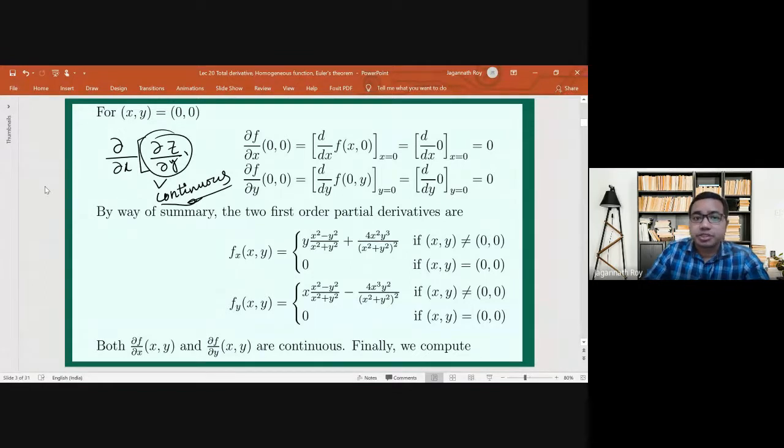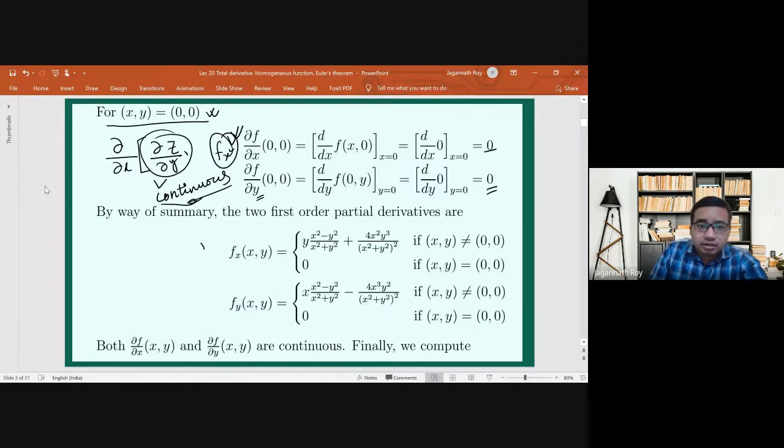For that, we have to check the value of this function at 0, 0. So del f del x, that is f_x, at 0, 0 is 0. Similarly, this one is again 0.